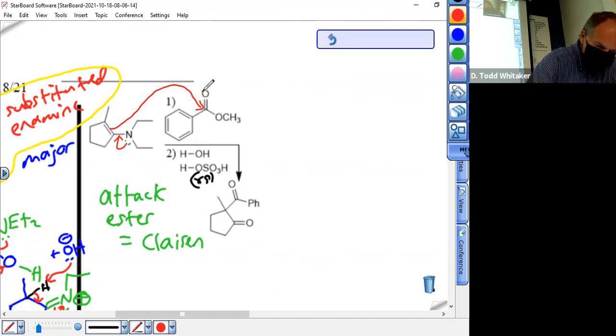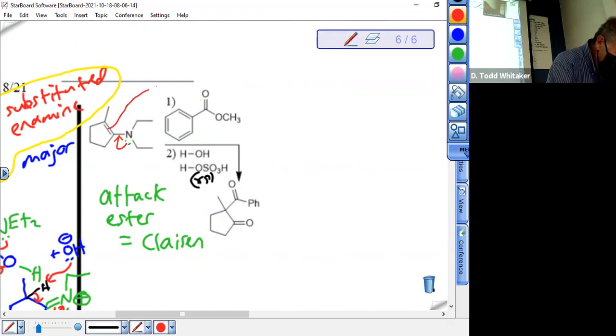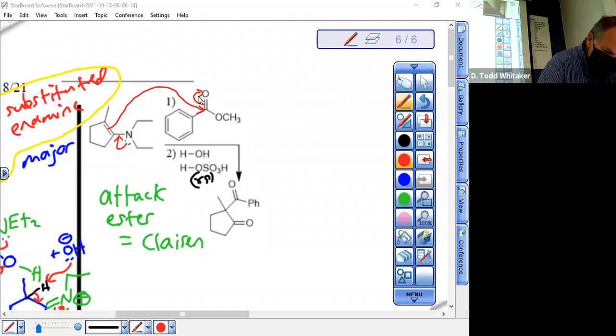I don't like the way that worked out. Attack. That's better. Pi breaks, goes here. There's a leaving group this time. Not a great one, but good enough.